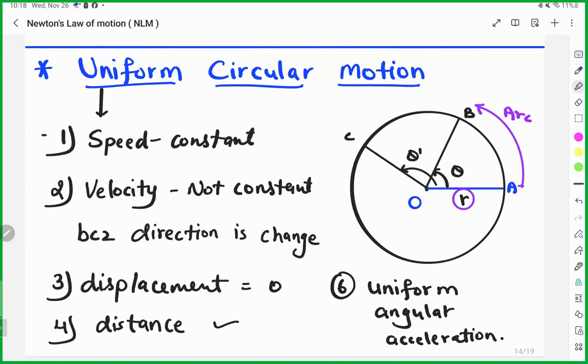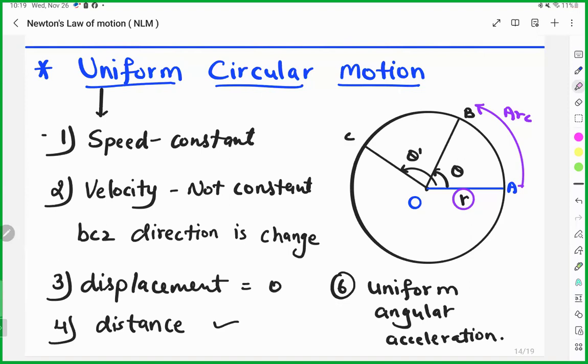Has anyone seen an old Hindi movie, beta? Yes sir. Anil Kapoor and Madhuri Dixit are there in the movie. There is a situation when they are driving a bike inside a well.